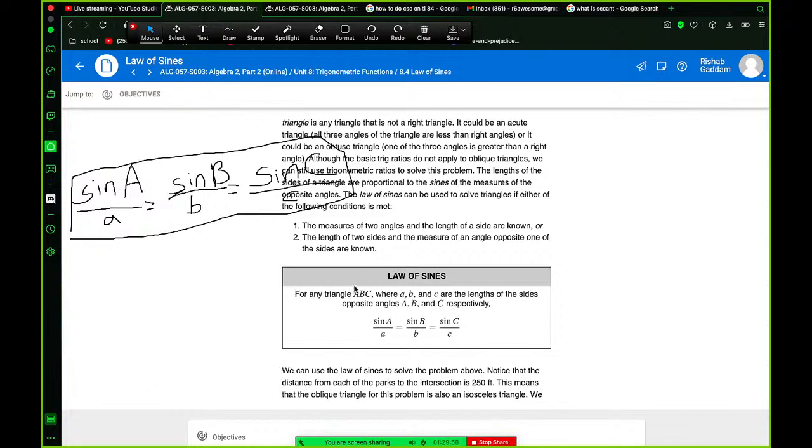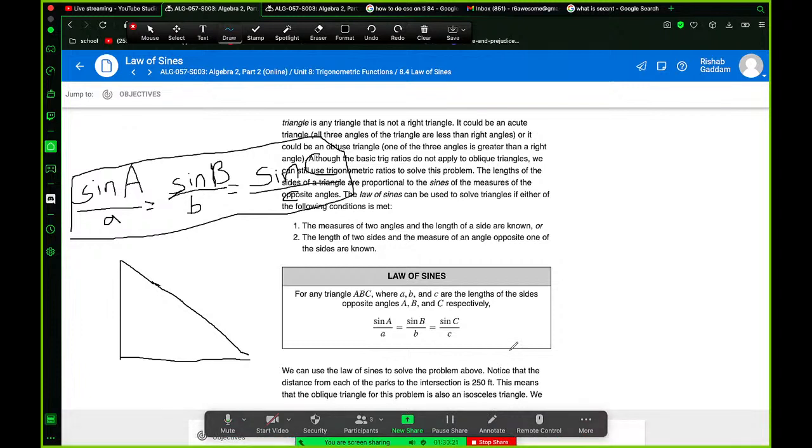For any triangle ABC where a, b, and c are the lengths of the sides opposite angles A, B, and C. So what this is saying is that the angles A, B, C are opposite the sides a, b, c. So let's say this is a right triangle, but this never says that it has to be.